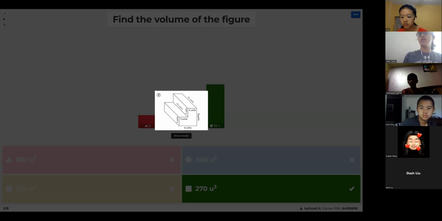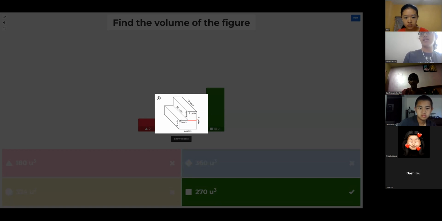So we could just take this and imagine if we put it here, right? So it's like this and this and so on and so forth. That would be a rectangular prism. It would have a height of 3. It would have a width of 6 plus 3, which would be 9. And that would be 9 times 3 times 10, which is 270, which is the green. So yeah.